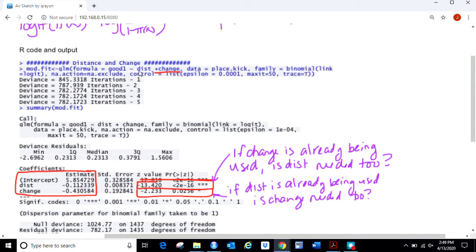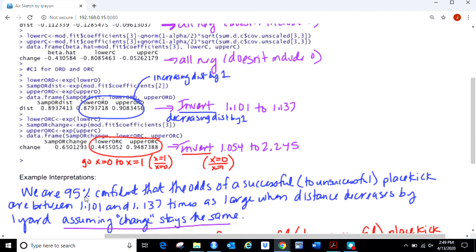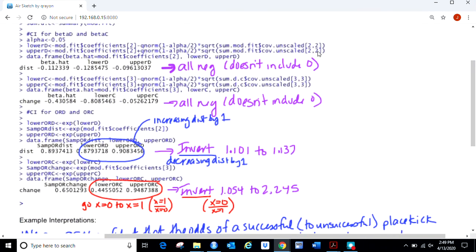If I flipped these around when I actually entered them, change would become the second and distance would become the third. So the order you put things in up here is going to match the order they are down here. Which is important because it lets you know which coefficients you need to pull off for the one that you're interested in.